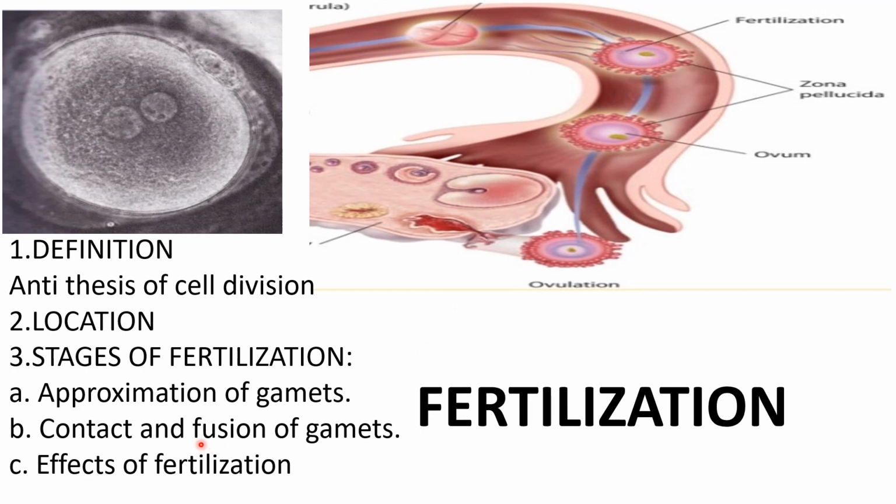Then we will study the mechanism of fertilization under three headings. First is approximation of gametes. In this we will study the journey of spermatozoa and ova to reach the site of fertilization. Then the next step is contact and fusion of gametes.